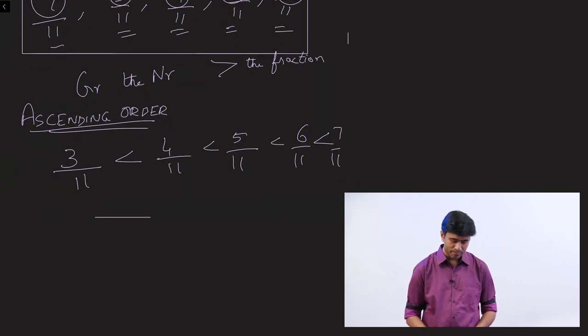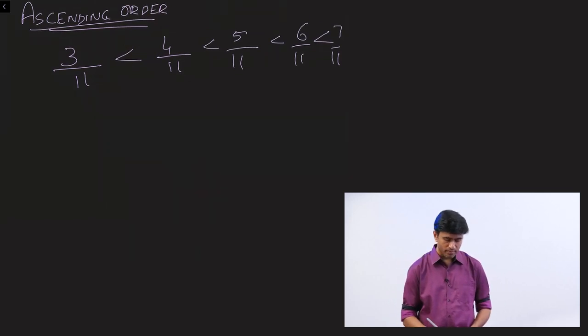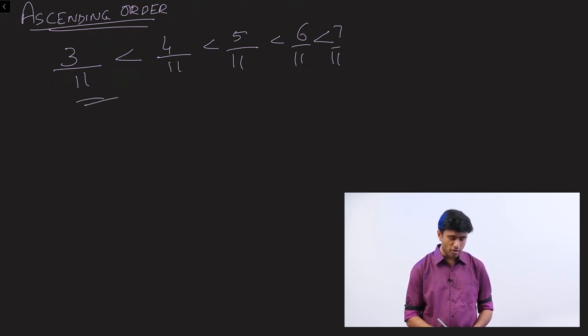That's right. This is how you can compare like fractions. Since the denominators are the same, you only have to look at the numerator. Greater the numerator, greater the fraction.